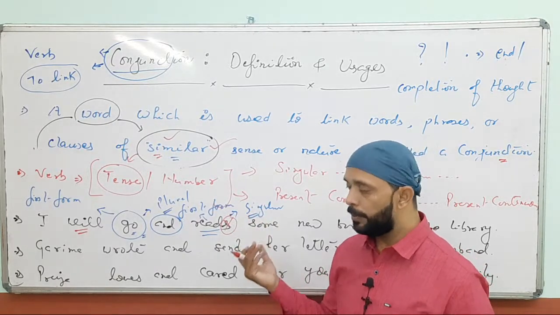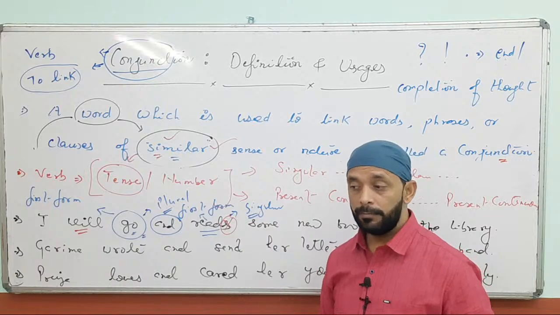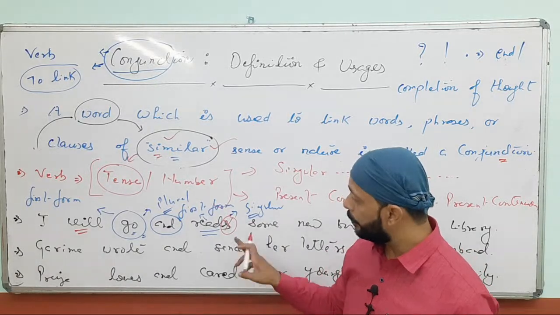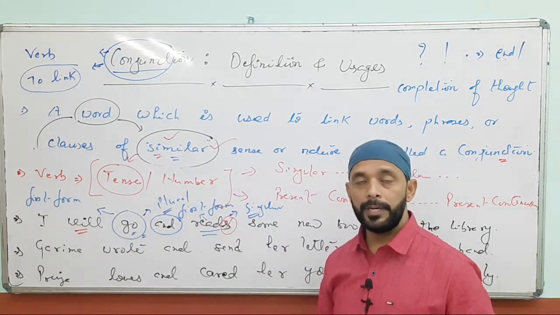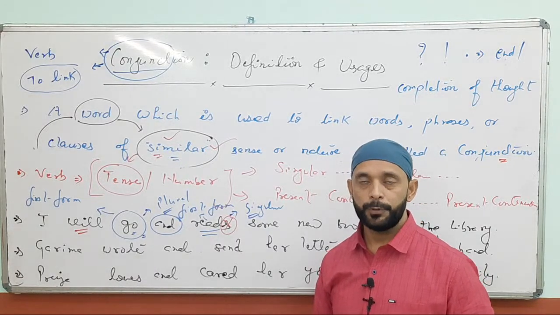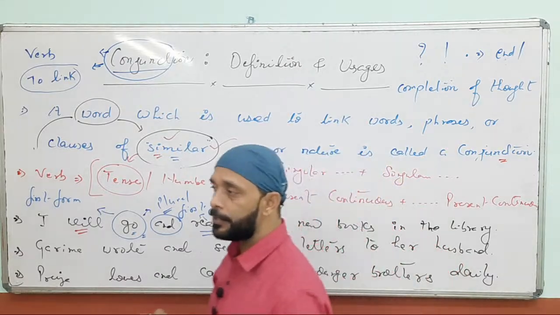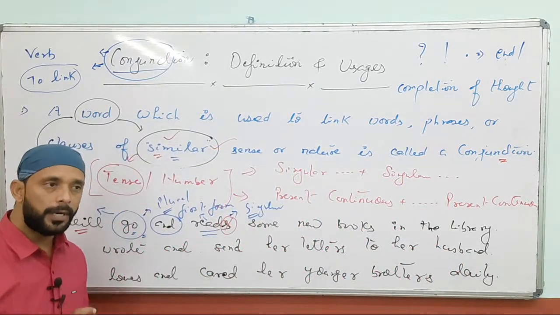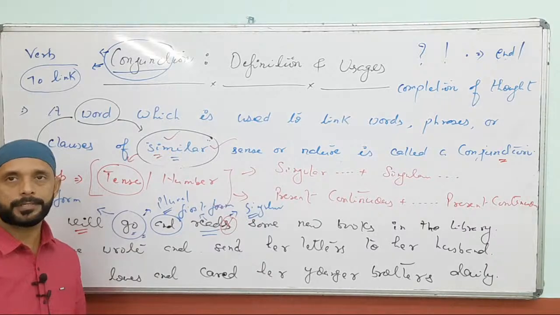The form was the first form, so it was similar, but the number was different, and if you remove s from reads, that will be similar in number as well. So that is actually the right combination of conjunction. That's what it instructs us.